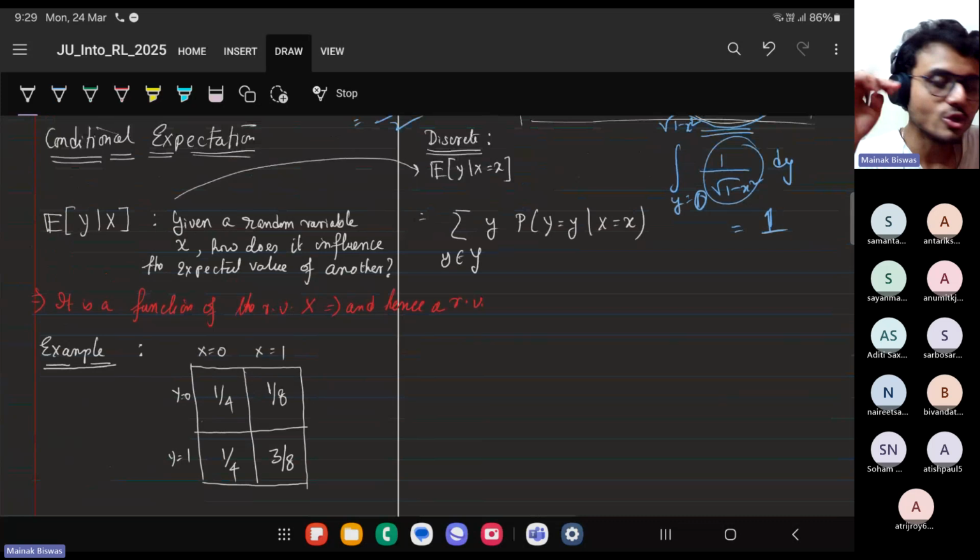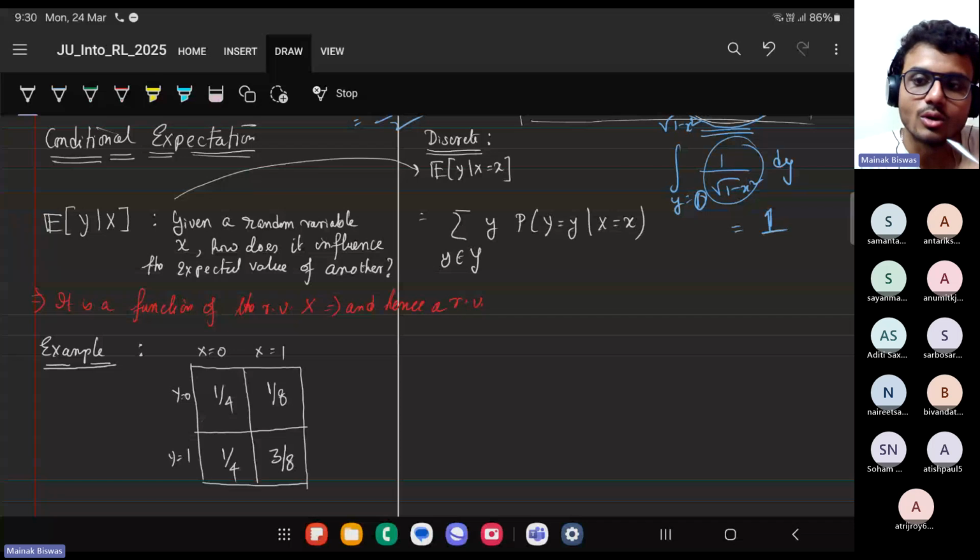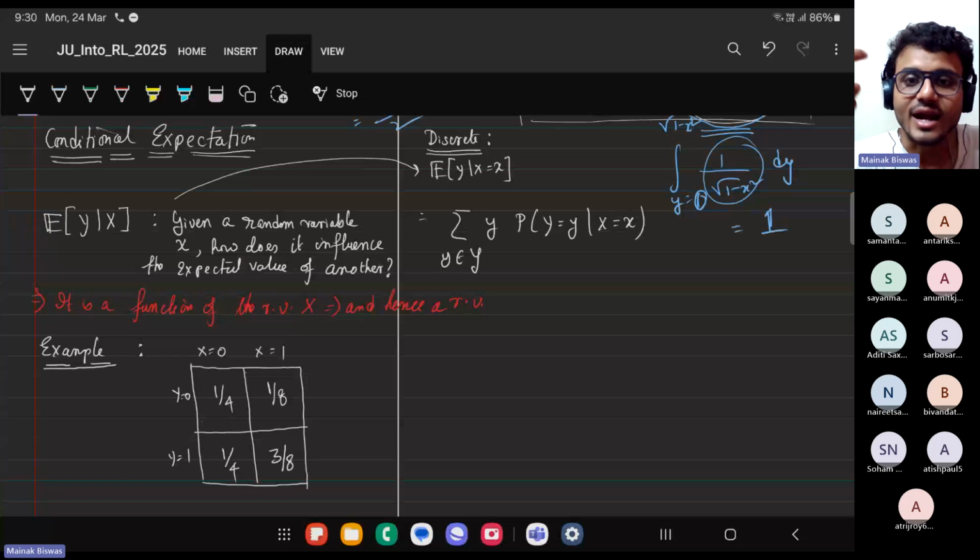So how do you interpret what a conditional expectation is? A little time ago, I showed you that the expectation of y given x was a random variable itself in terms of x. I'll show you why that turns out to be true, but the intuition is something like this.